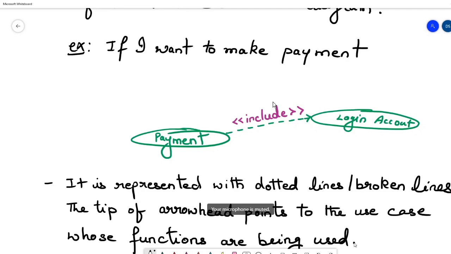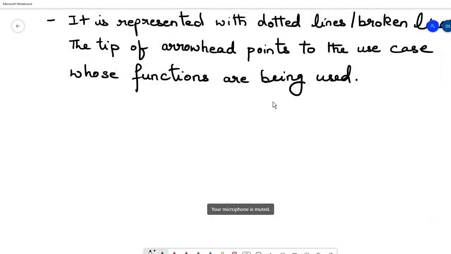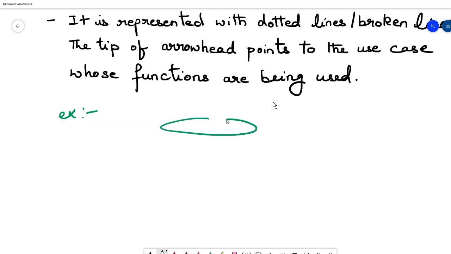We'll take one more example for this. As I was talking about payment in the above example, now if I'm doing a payment for something, there is a use case which asks for the type of payment. Which type of payment should I be doing?